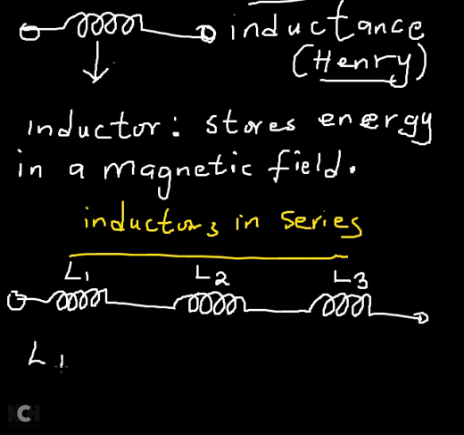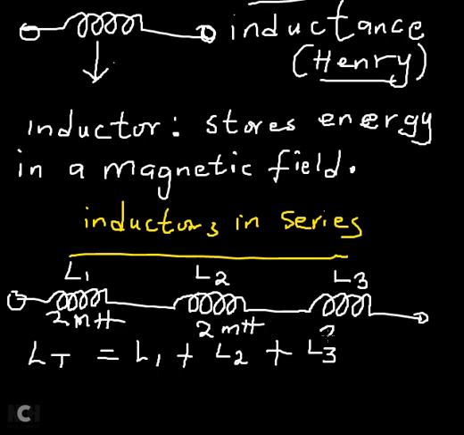The total inductance, if they're connected in series, is equal to L1 plus L2 plus L3. So please take note of that. If I have 2 microhenry here, 2 microhenry here, and another 2 microhenry here, the total inductance is 2 plus 2 plus 2, which is 6 microhenry.